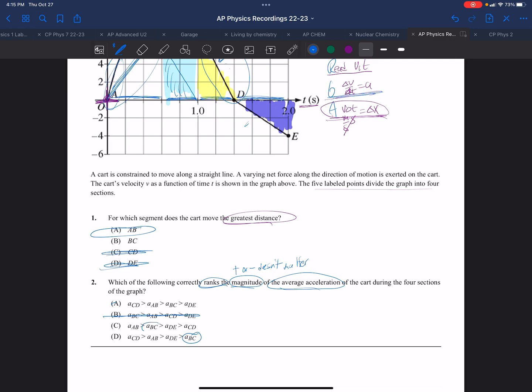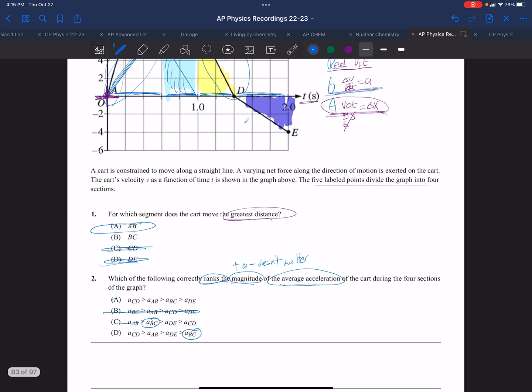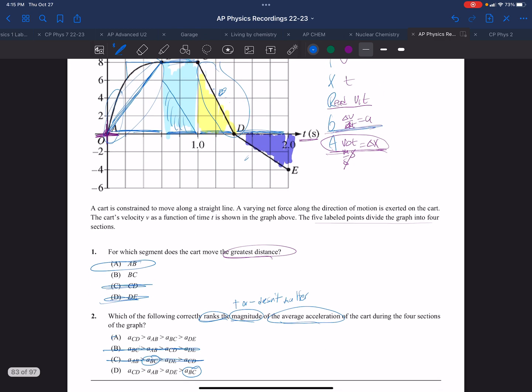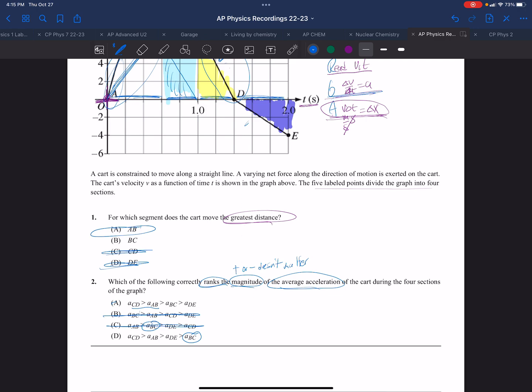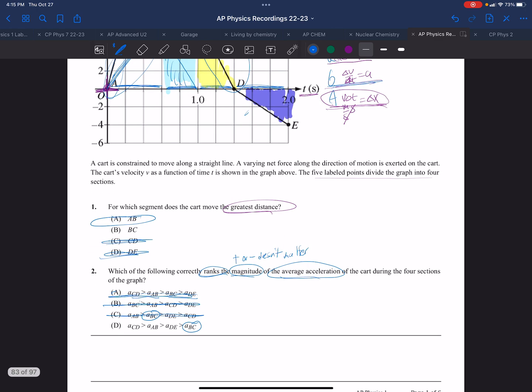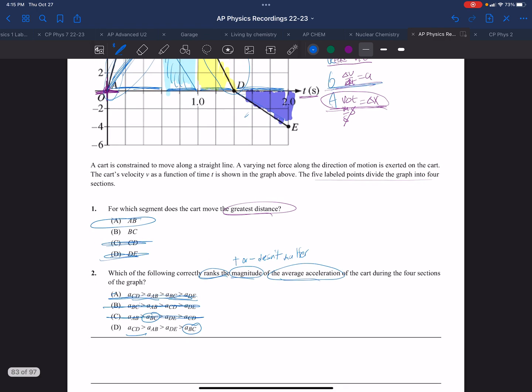So with BC being here, this is saying that it's faster than DE or CD, which is not true. So that one's out. And CD being greater than AB is true. But BC is the least. It is not greater than DE. That's out. And of course, CD is the steepest, as we said. AB is the next steepest, DE is the next steepest, and BC is the least.